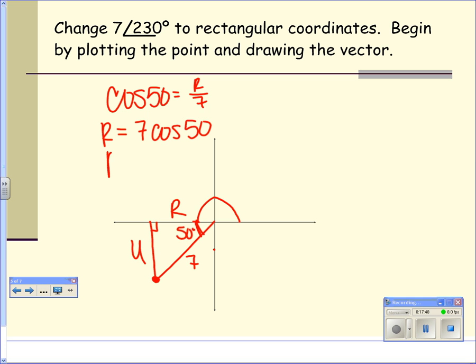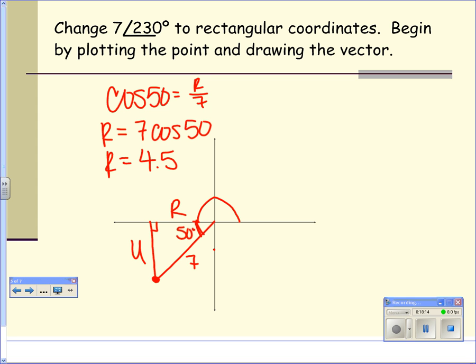So figure out what that is. 4.499, which rounds to 4.5. Does that make sense? Any questions with that one?